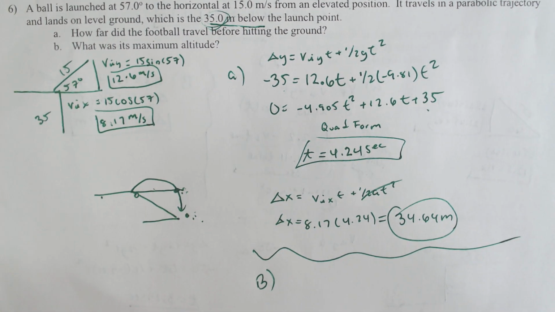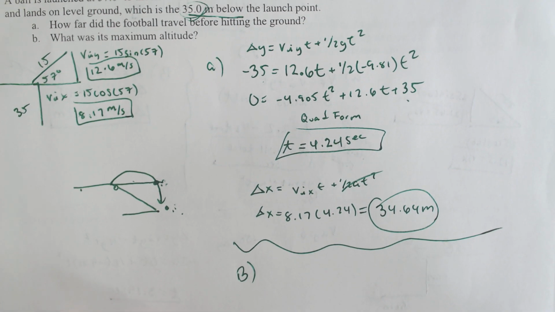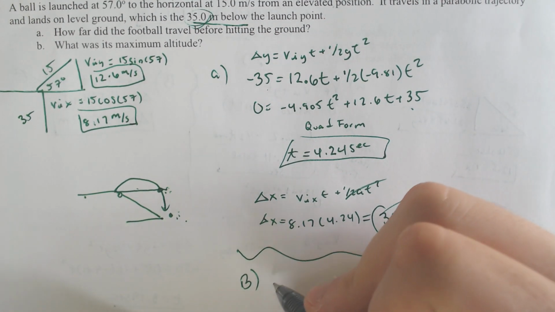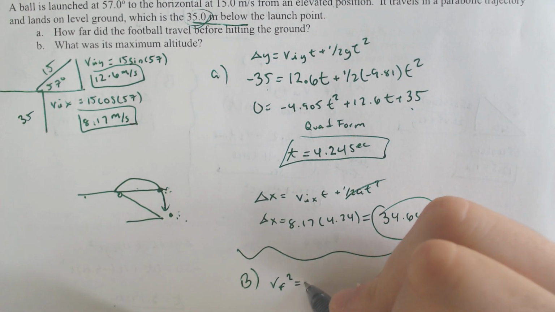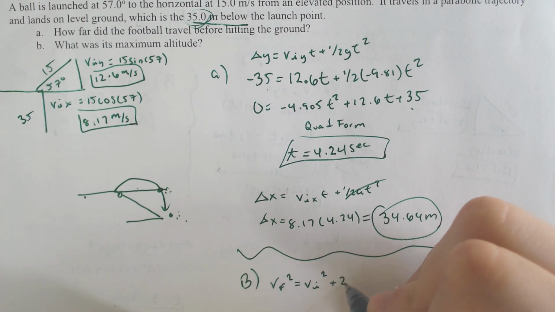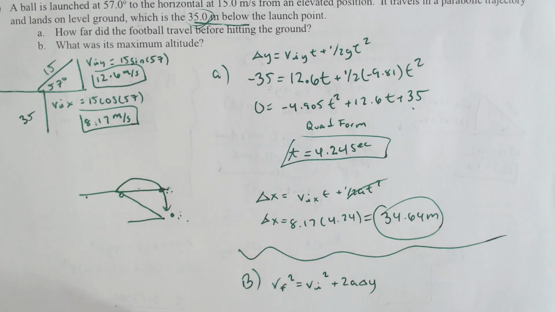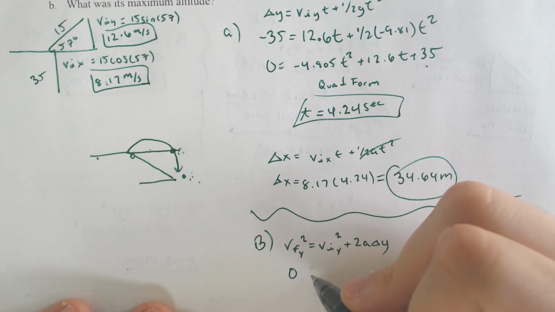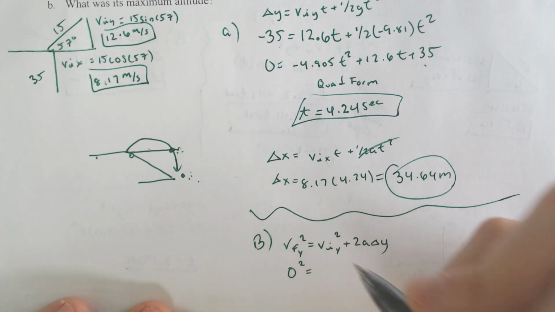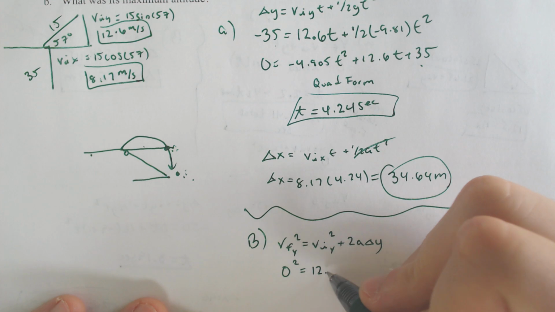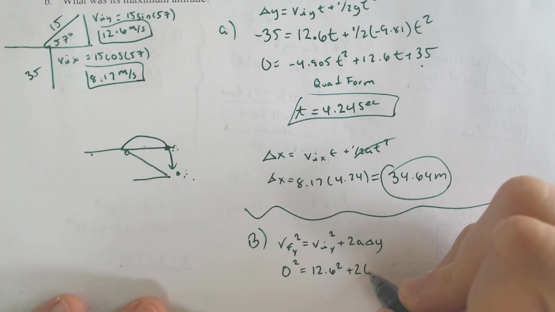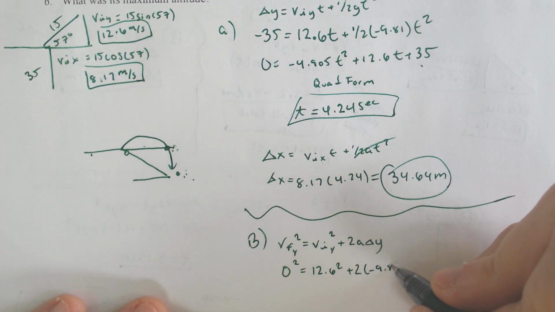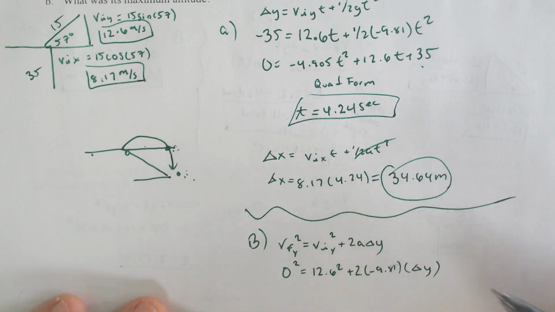So it's not just a half time increment to get to the max height this time. In this case, I am going to use this formula. The final velocity for y at the top will be 0. The initial velocity for y is the initial velocity as before. Gravity is your a, negative 9.81, and then you just solve for your delta y.